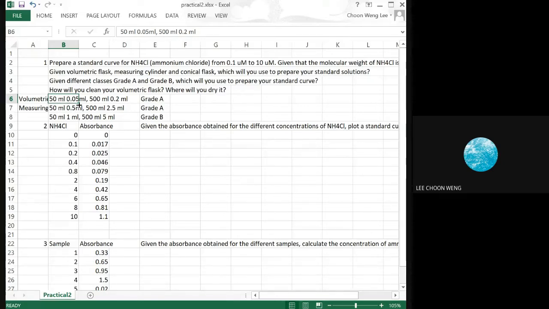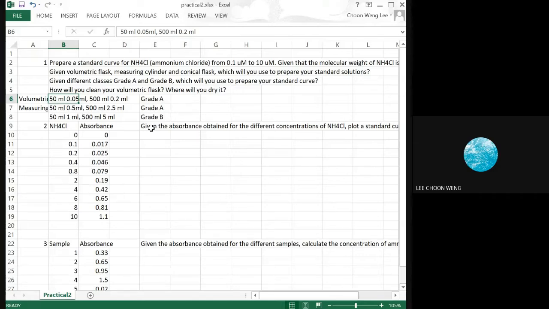And why you shouldn't be drying your volumetric flask in the oven, because expansion and contraction of the glassware itself will easily change the accuracy of the flask. So remember, even glassware has different grades, and you must take all this into account when preparing standards.